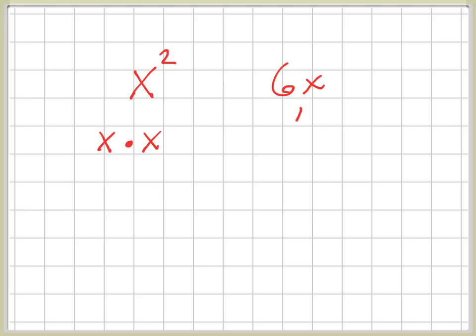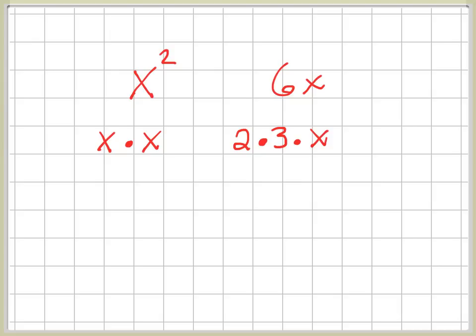And this one, I'm going to break it down into prime factors: 6 times x, and let's break down that 6 to prime factors, 2 times 3. So x times x are the factors for x squared. 2 times 3 times x are the factors for 6x.